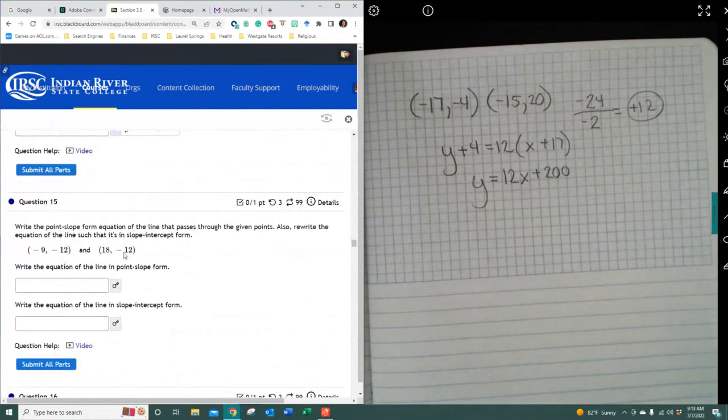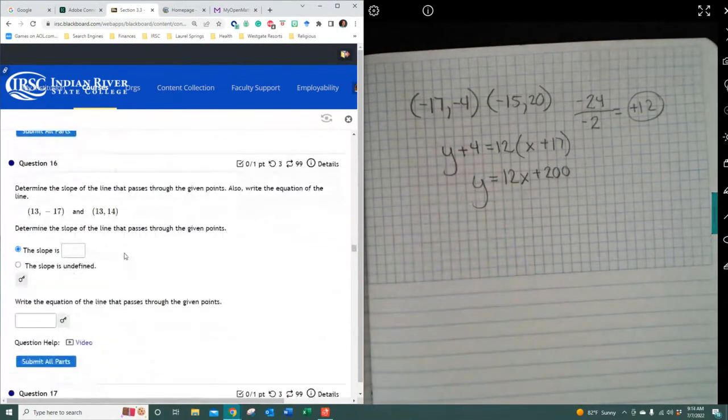So they're really giving you a lot of practice on this concept, right? This is the same identical thing as I'm doing here, and I've done a lot of these for you already. So then right here you're given this. Now remember, look at this. The x's are the same. When the x's are the same, that means you're going to be getting undefined.